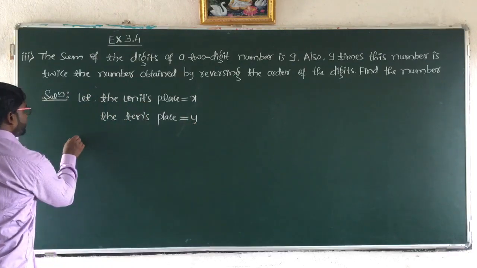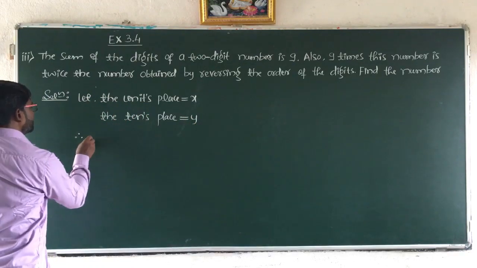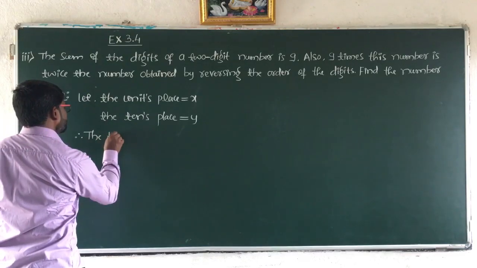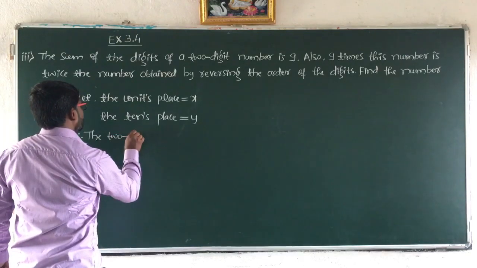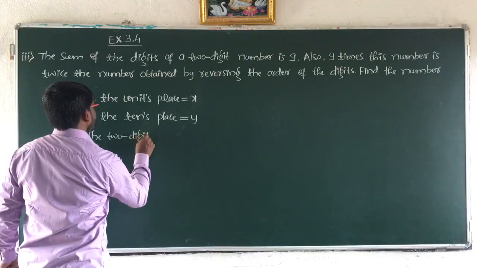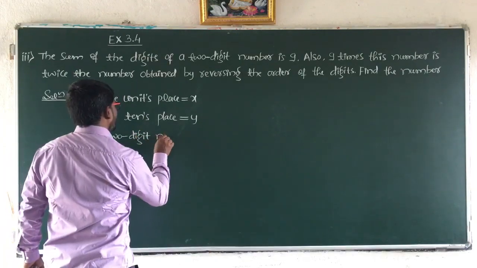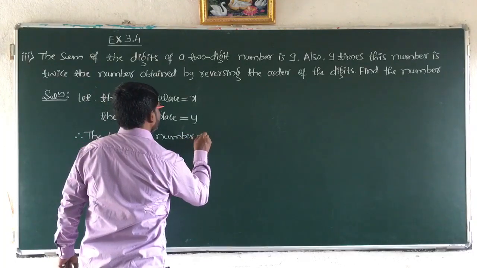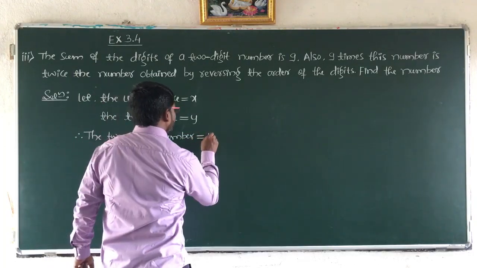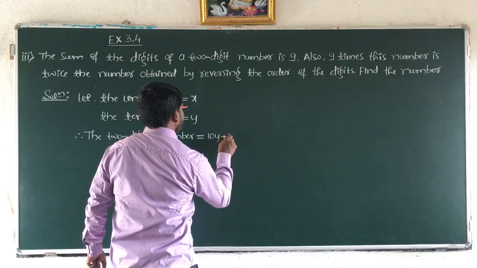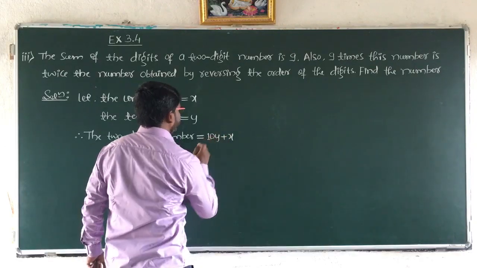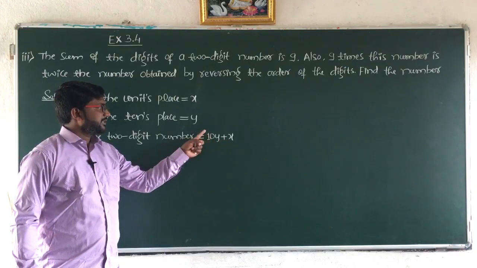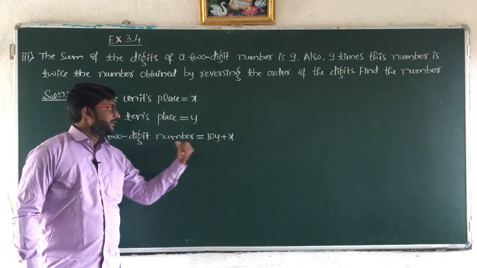Therefore the 2-digit number is equal to 10y plus x. Here x is the units place and y is in the tens place, that is why I have multiplied by 10. So this is the number.